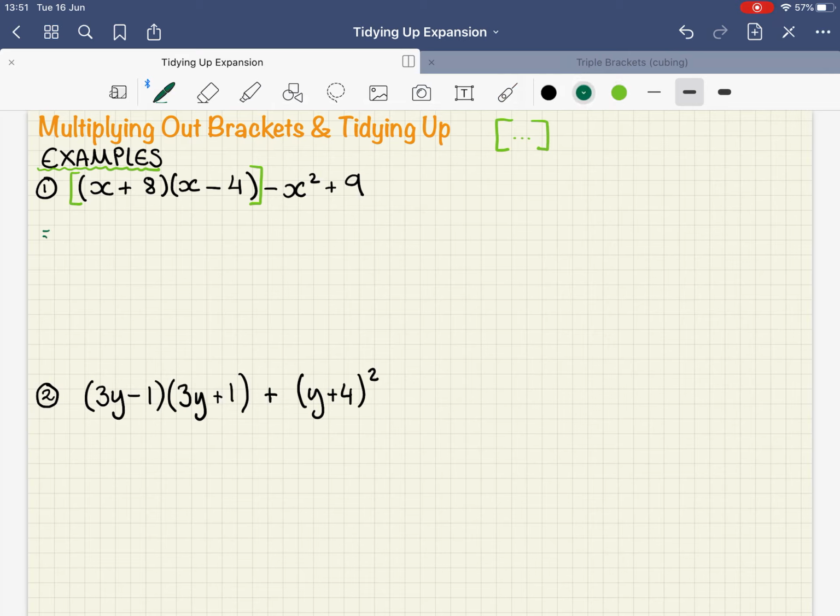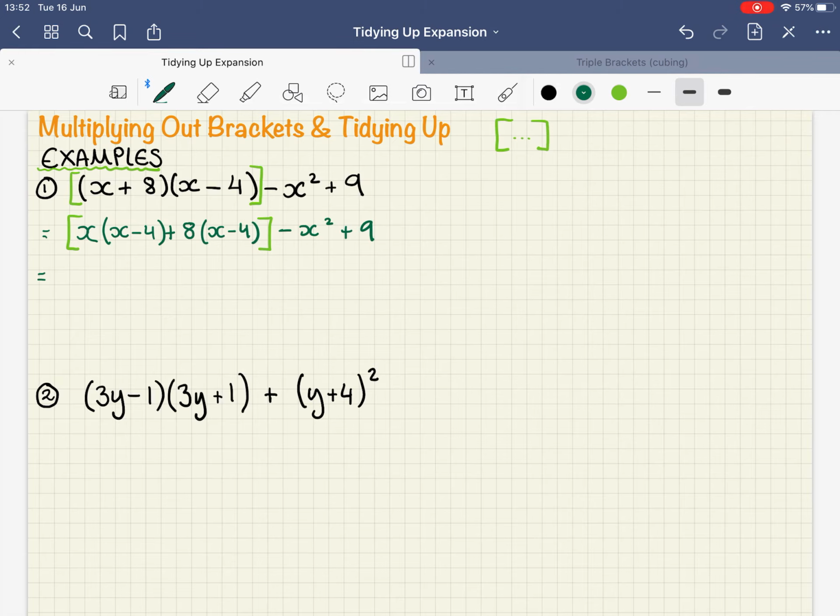And then I'm going to do my expansion, same as before. And actually I'll keep using the lime green for my brackets here. So breaking apart that first bracket, I'm putting the second bracket in the space next to it. And then this bit at the end, the minus x squared plus 9, is just going to stay there.